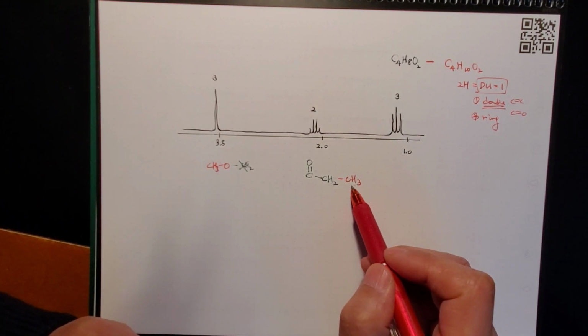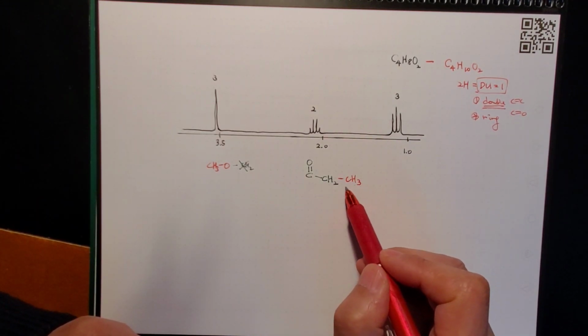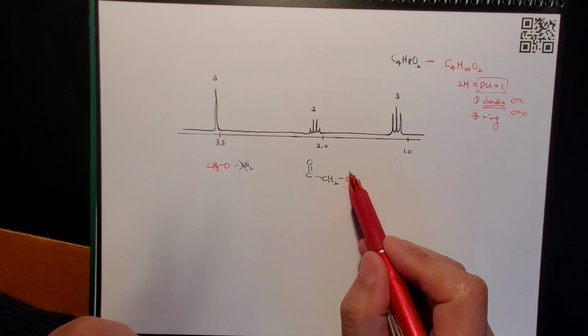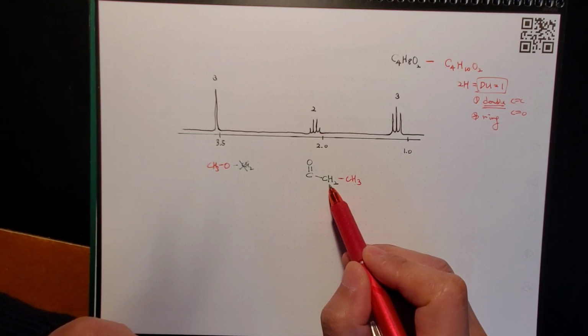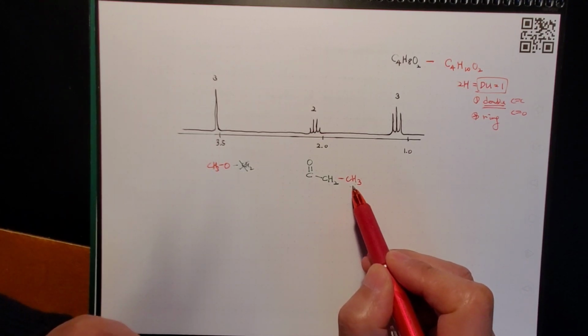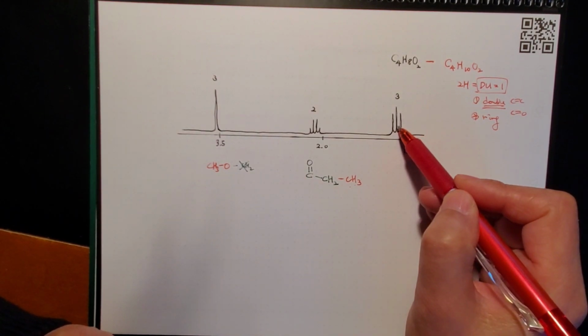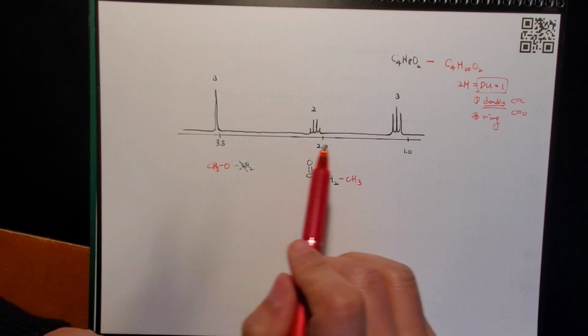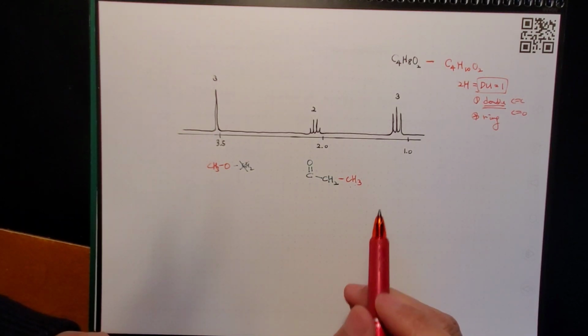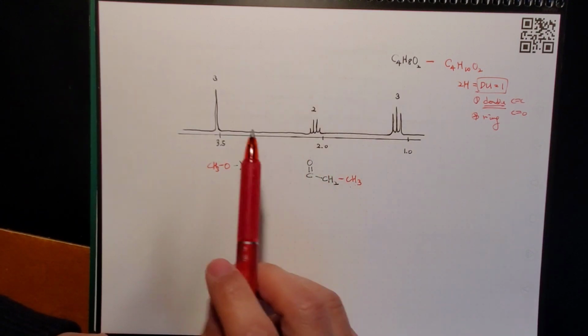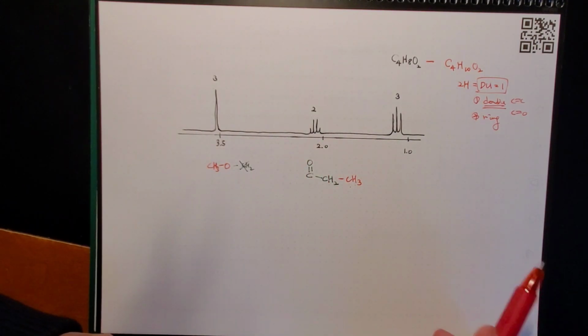So you're looking for the signal representing 3 hydrogens of integration, 2 neighbors, so a triplet. You're looking for a triplet with a 3 integration right there. In this case you had only 3 signals, so you didn't have to do this thinking, but it's better if you get used to it, because on the real test you're going to have many similar signals anyway.